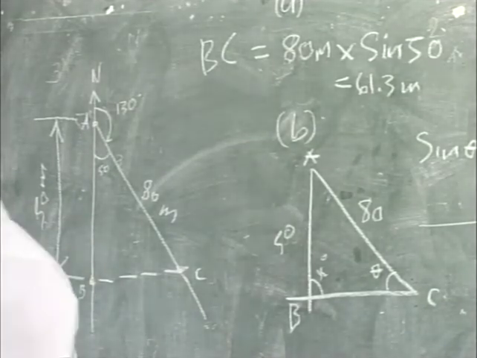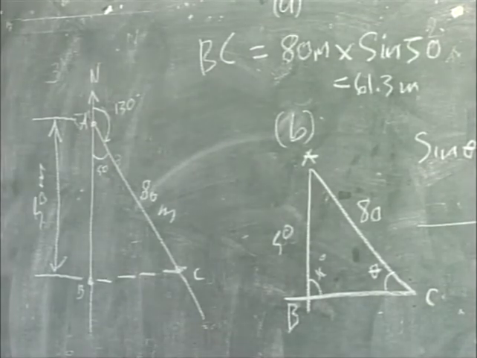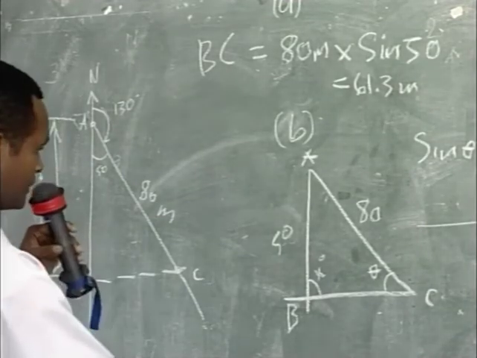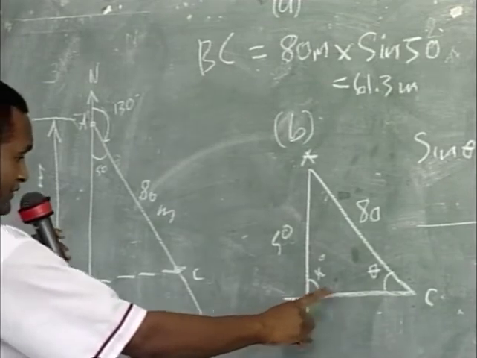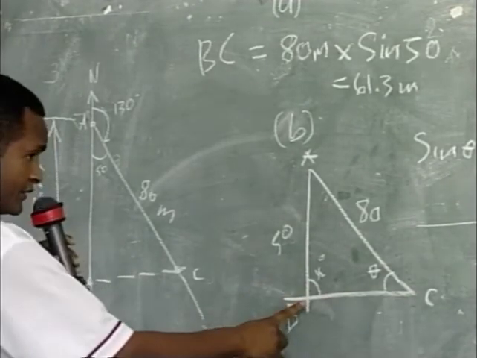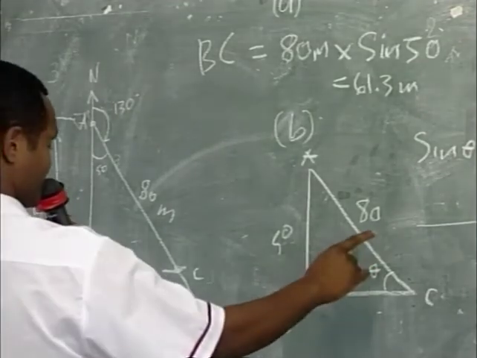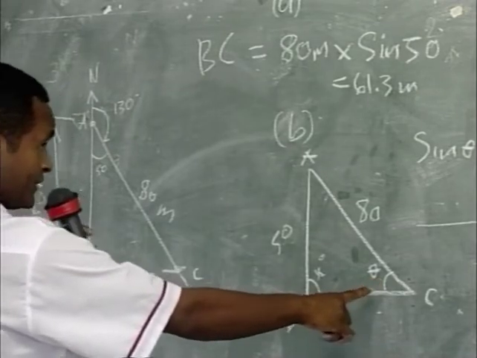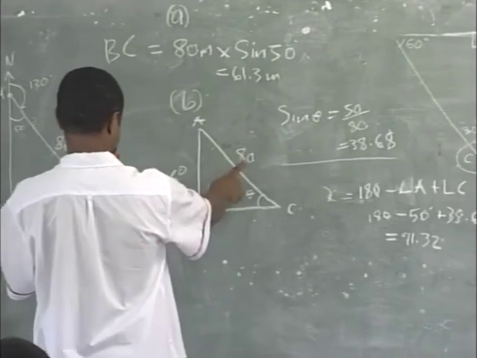Okay, for B, which reads the bearing of C from B, which is talking about this bearing of C from B, I find this angle theta first, which is sine theta equals 50 over 80.